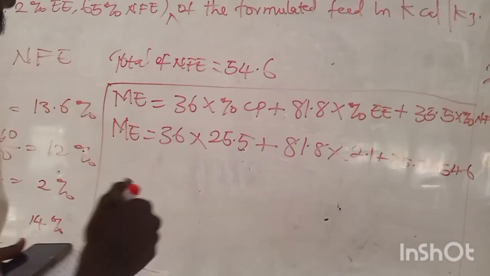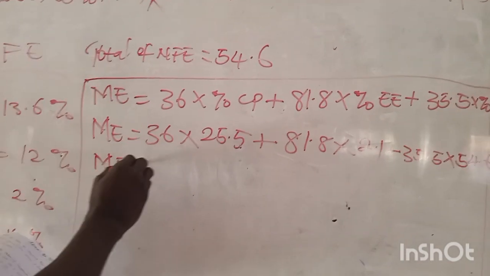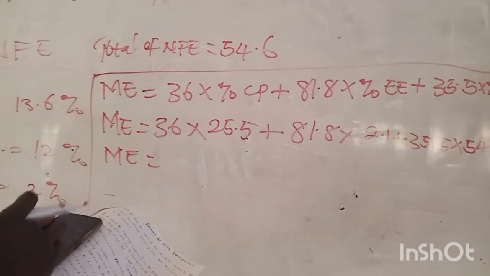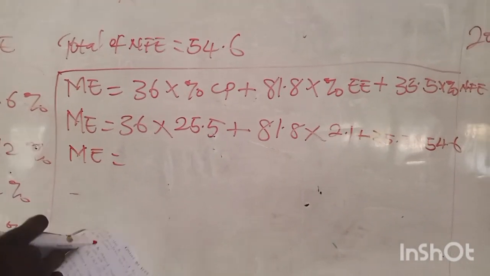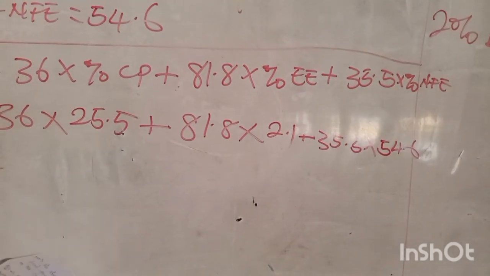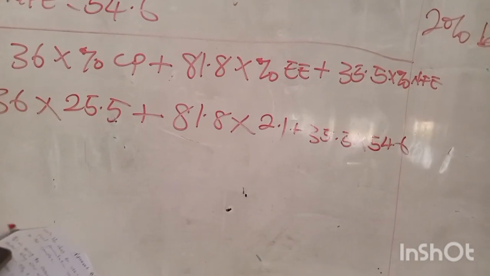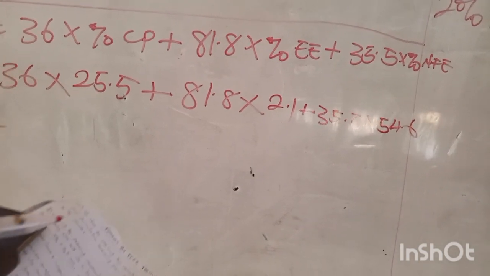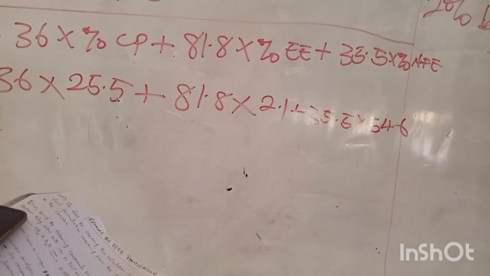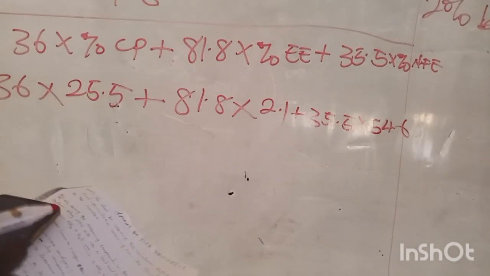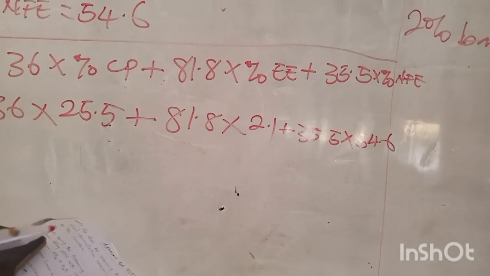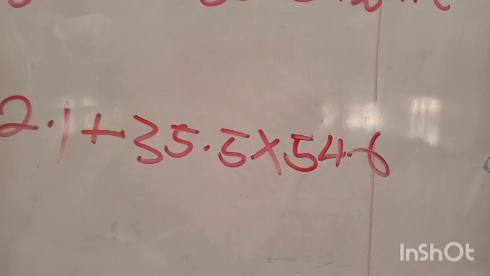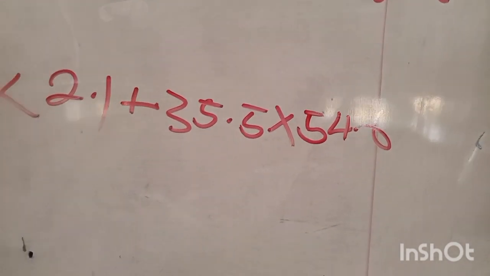Now we say ME is equal to, let's do it together, 36 times 25.5 plus 81.8 times 2.1 plus 35.5 times 54.6.